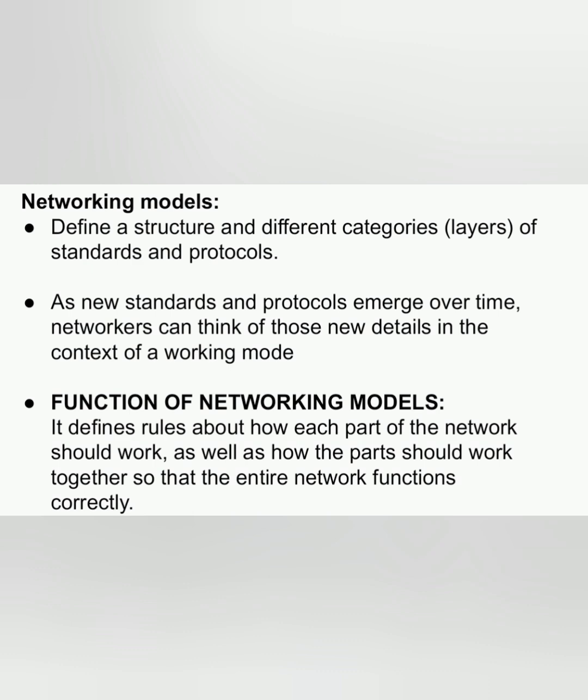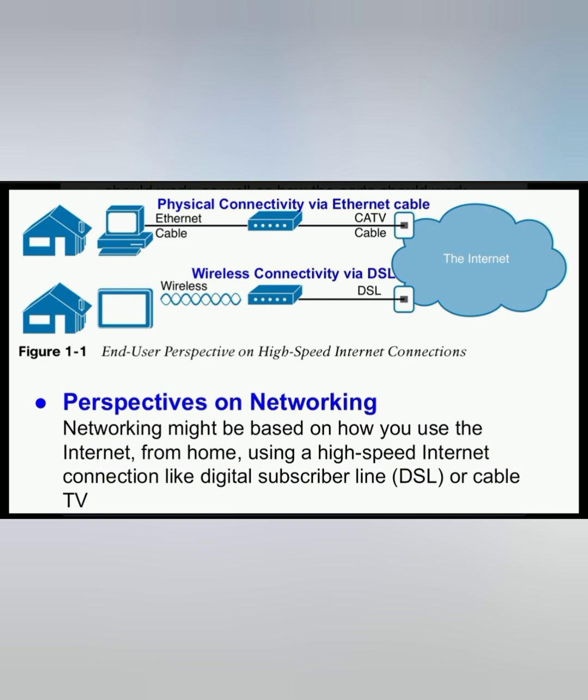I'm going to show you here the picture of connectivity and the user perspective on high-speed internet connections. You are looking here at an Ethernet cable going from one PC to the other with the help of a cable modem and CATV. CATV means cable TV, the internet which you use to connect your PC to share data with your friends and search for documents, pictures, and videos.